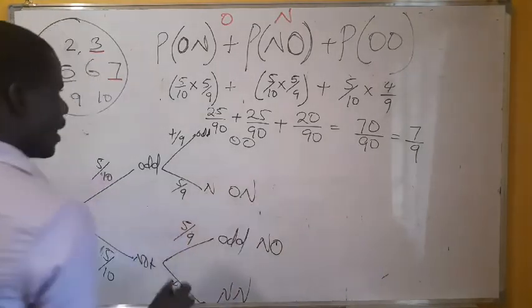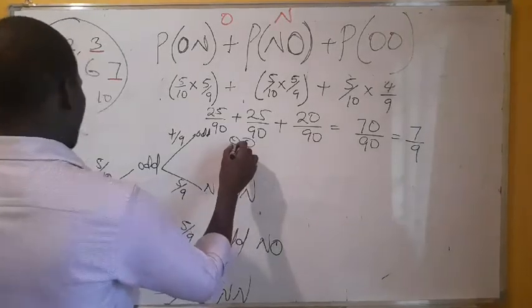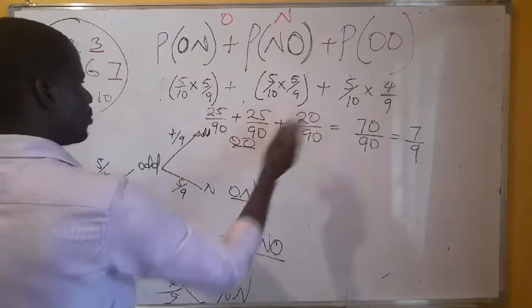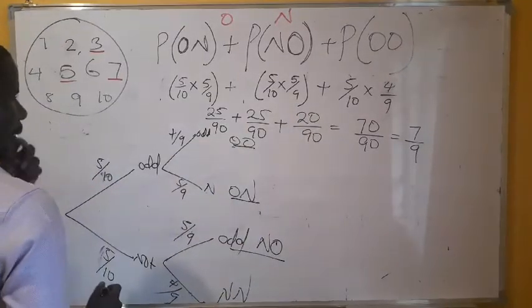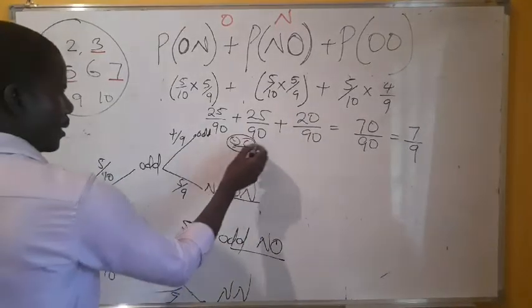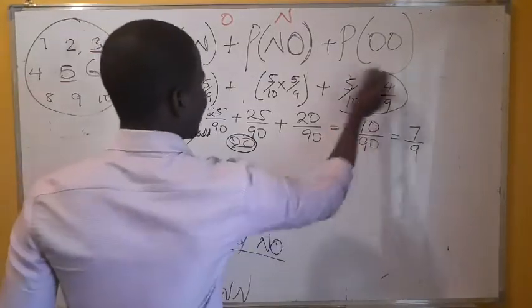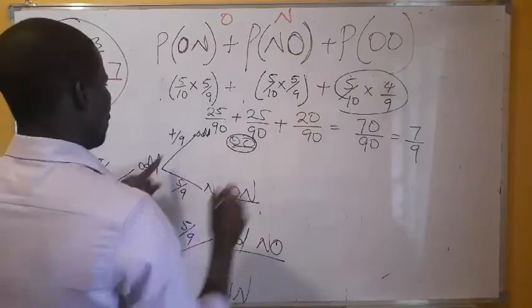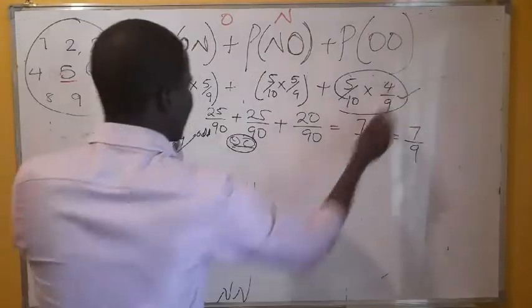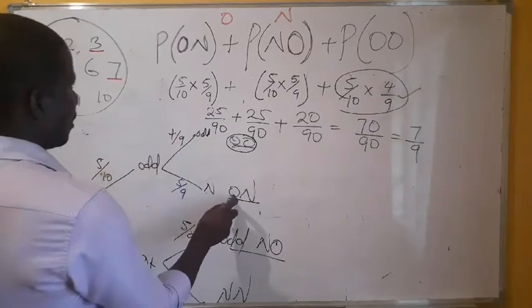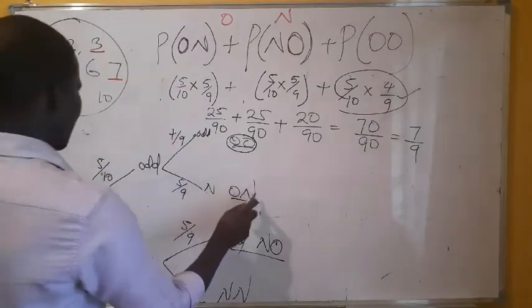To find our answer, what do we need? We need the probability for this one, and this one. The three of them. This one is this part: 5 over 10 multiplied by 4 over 9. Then the second one, where the first one is an odd number, then the second one is not.